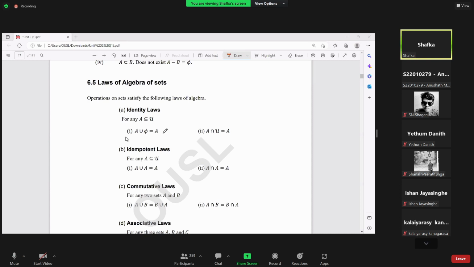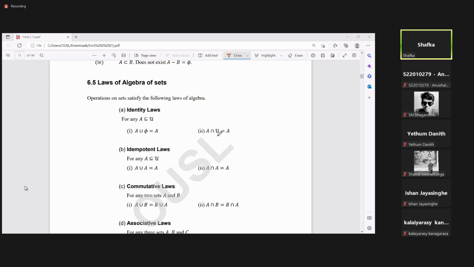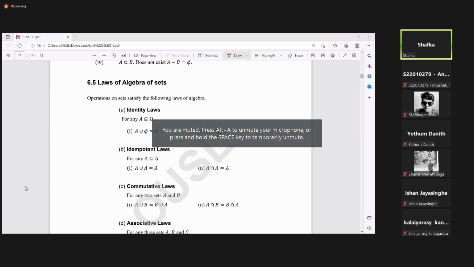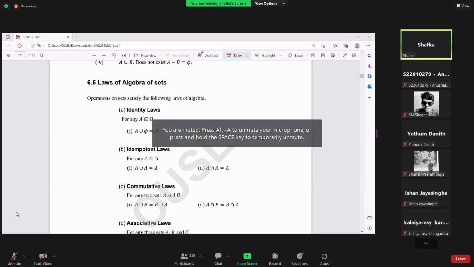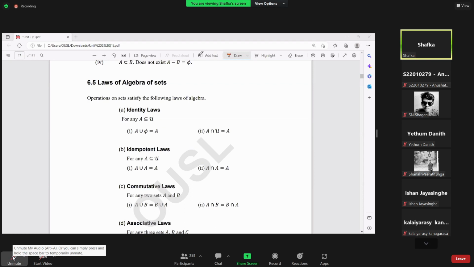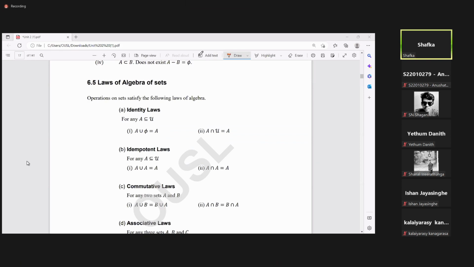Because you are adding nothing to A. So that's A. And when you take the intersection with the universal set, you get A, because the common elements are A. So these two are the identity laws.